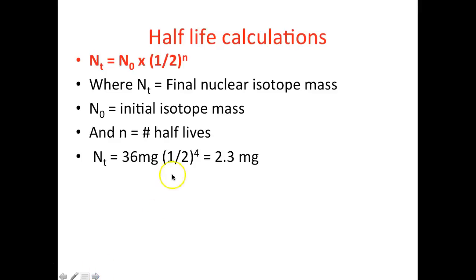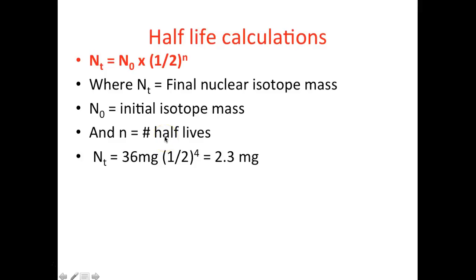Another way to do this more accurately and faster is to use this formula. Here Nt is equal to N0 times one half raised to the power of n, where Nt is the final isotope mass, N0 is the initial mass given, and n is the number of half-lives.